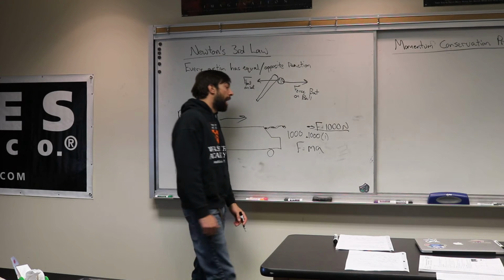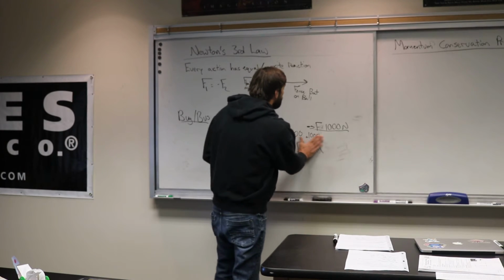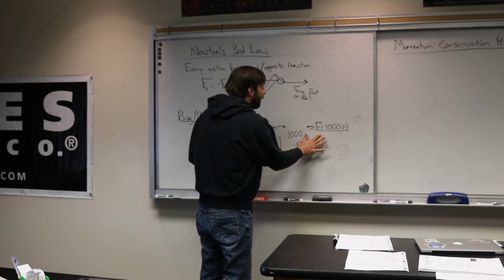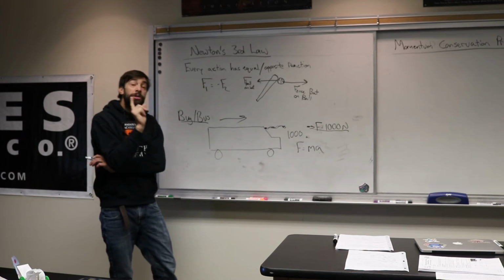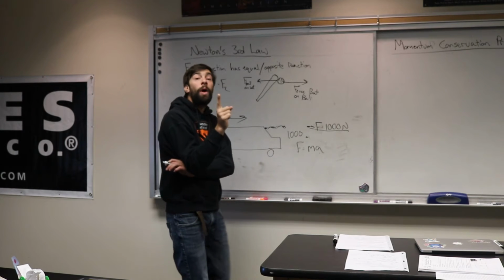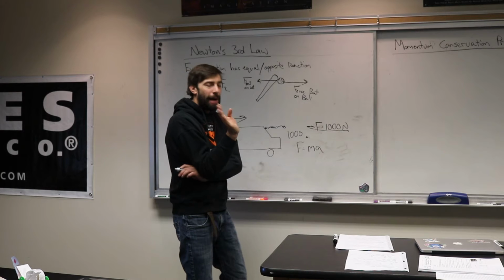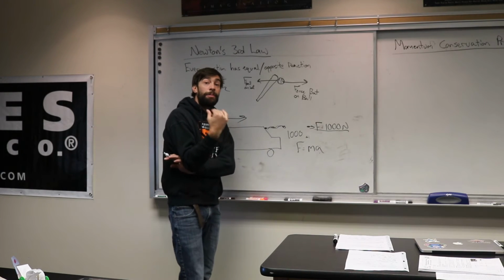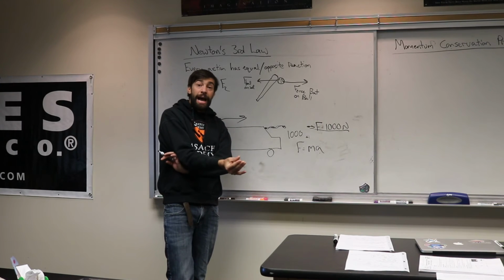Let's roll with that because then math is easy. So my acceleration for the bus is 1 meter per second squared. I think that's kind of high for that, but that's okay. This is just an example. This is not real life, but this will give us an idea for what's happening.